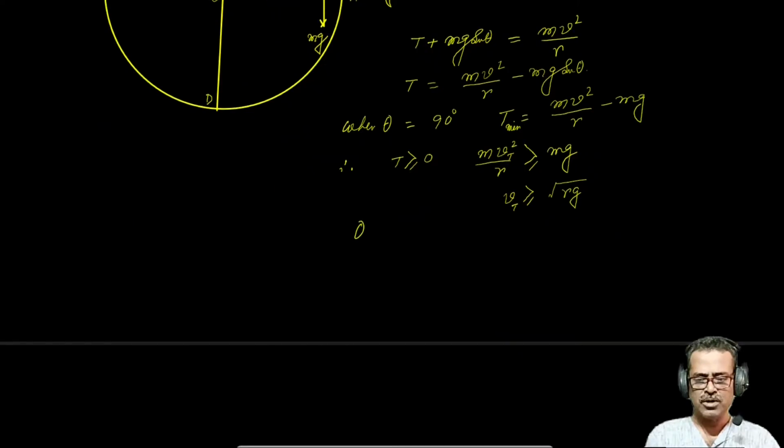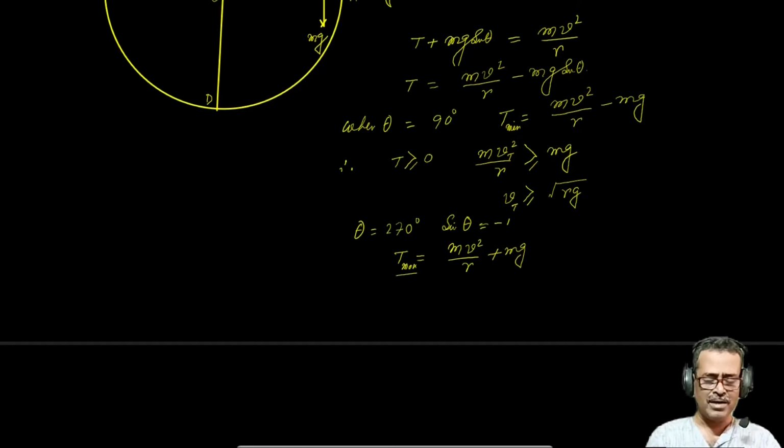When theta is equal to 270 degree, sin theta is equal to -1. So tension is equal to mv square by r plus mg. So tension maximum, T max, will be this, when it is given that the maximum permissible tension of the string is this value.